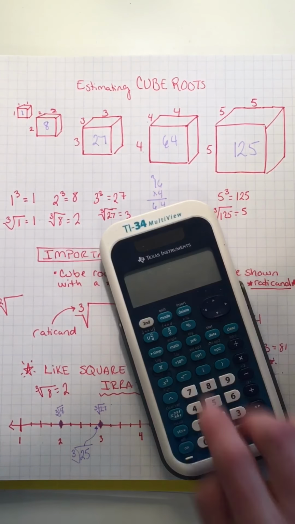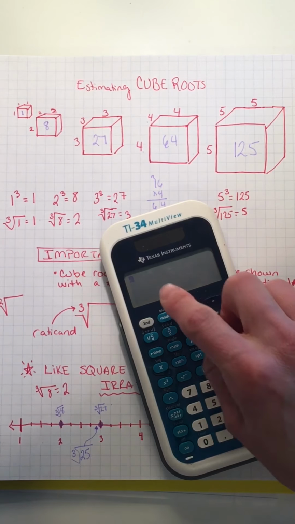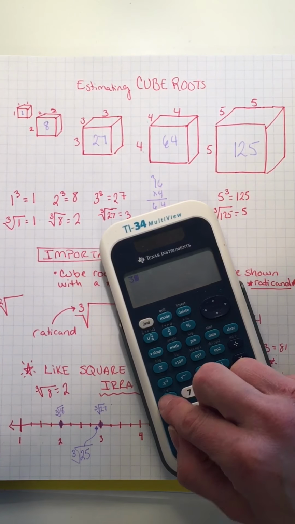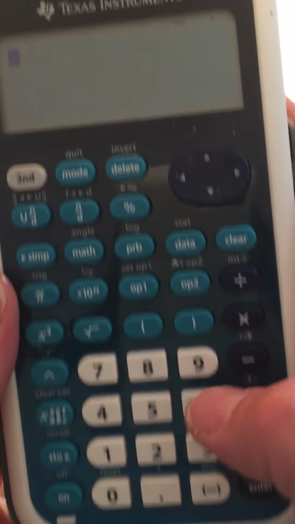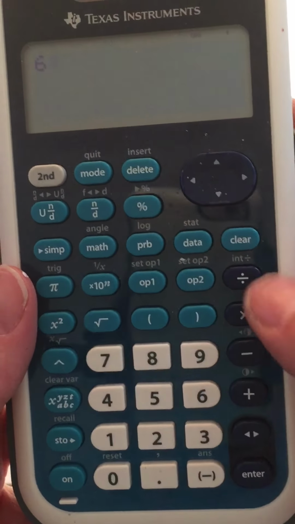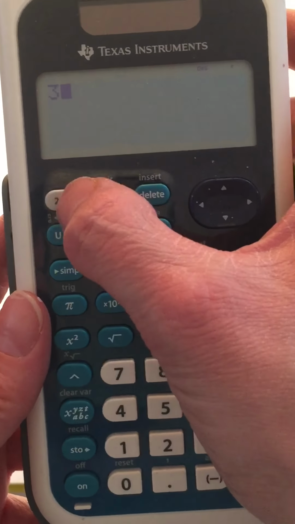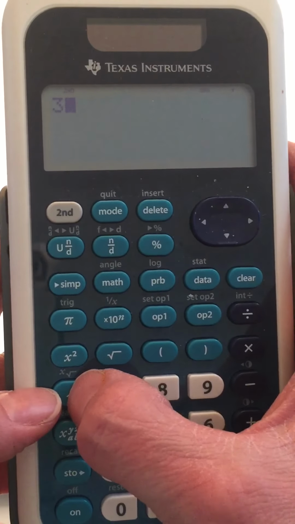And then I can check that by using my calculator. So to put it into the calculator, I press 3, the second key, and then this here, see how it has an X and then a radical sign?